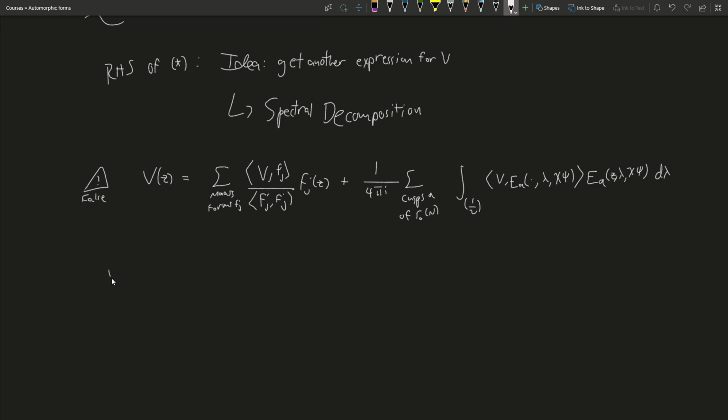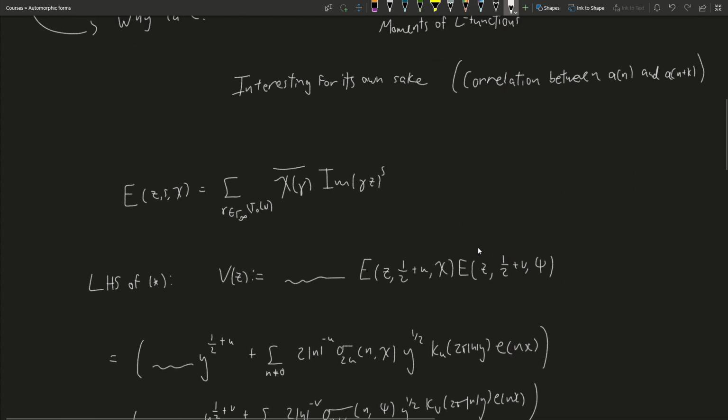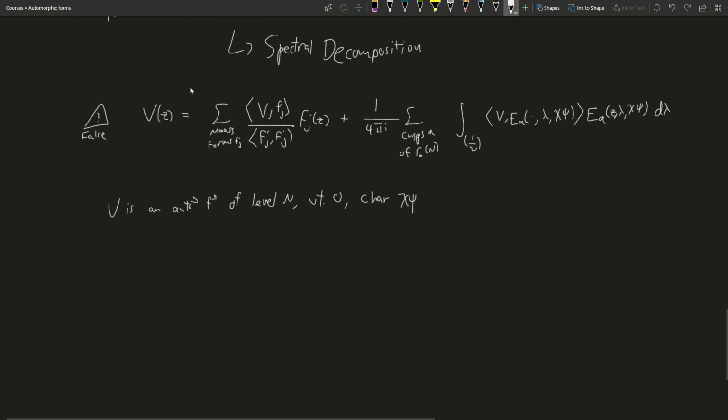So here, v is an automorphic function of level n, weight 0, and character chi psi, which is immediate just from looking at its definition. And spectral decomposition for those functions, it looks like this. It's this identity.